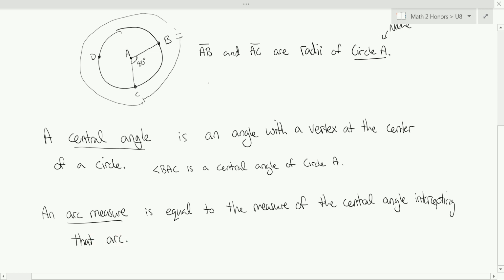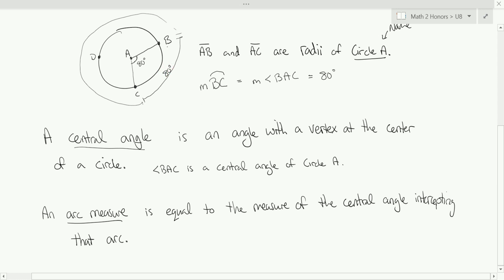So, for example, in this one above, we could say the measure of arc BC, written this way, so I write BC with this little arc symbol above it, would be the same as the measure of angle BAC. Okay, so because that's the measure of the central angle intercepting it, and we see in the picture that they're both equal to 80 degrees. And so often we'll write 80 degrees on the outside of the circle to say, okay, the measure of my arc BC is 80 degrees.